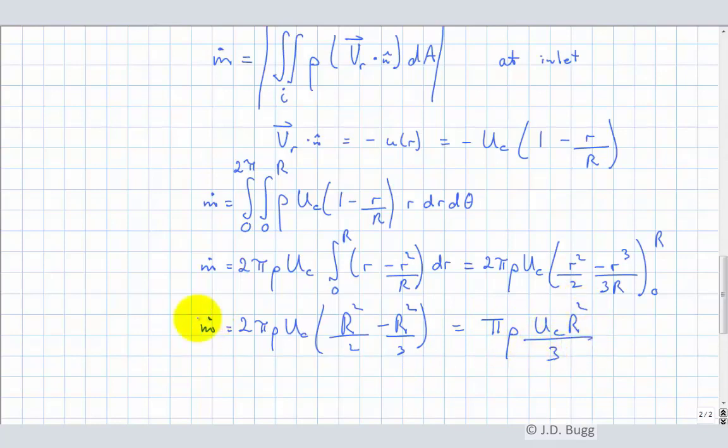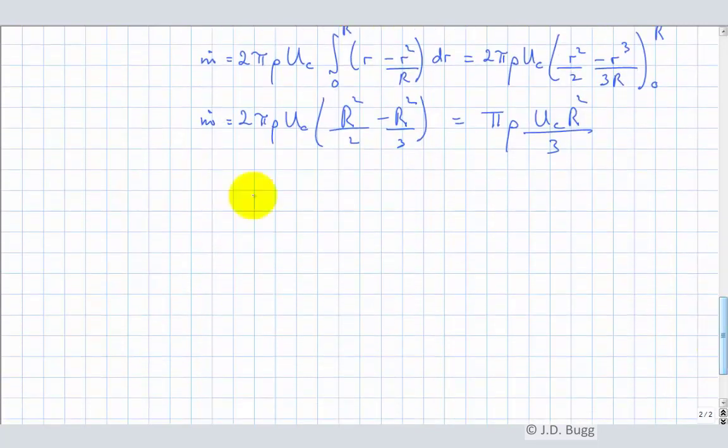So this relates the mass flow rate to that centerline velocity. So we can now calculate our centerline velocity. So U centerline will be equal to 3 m dot divided by rho pi R squared.